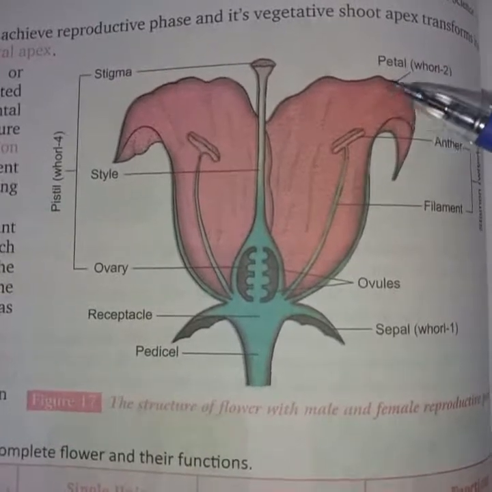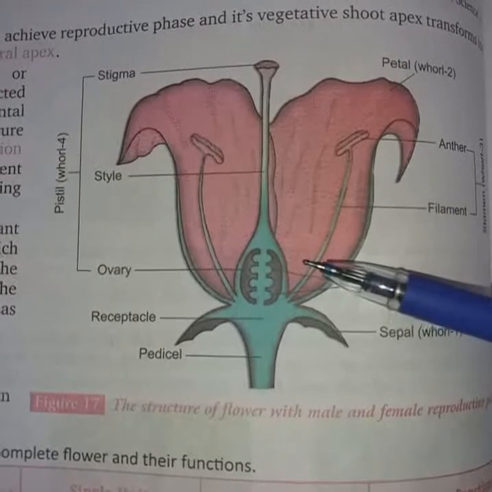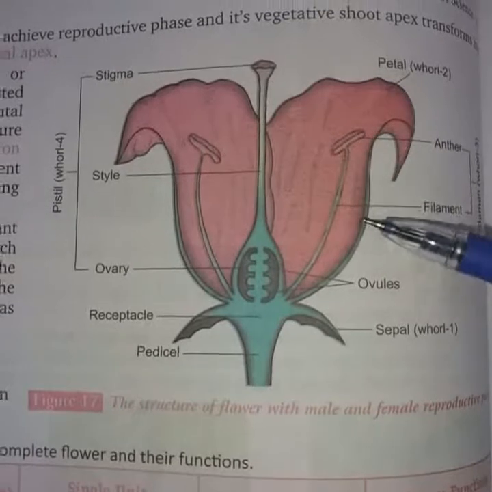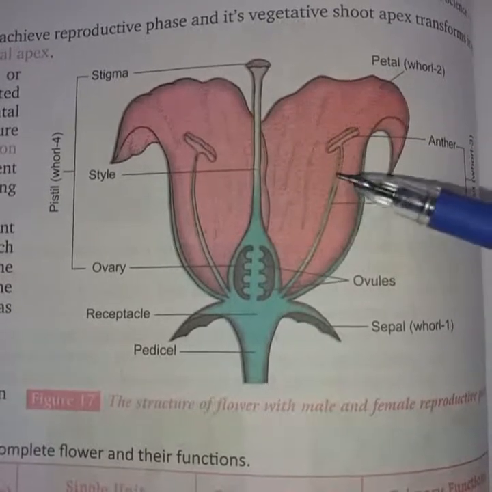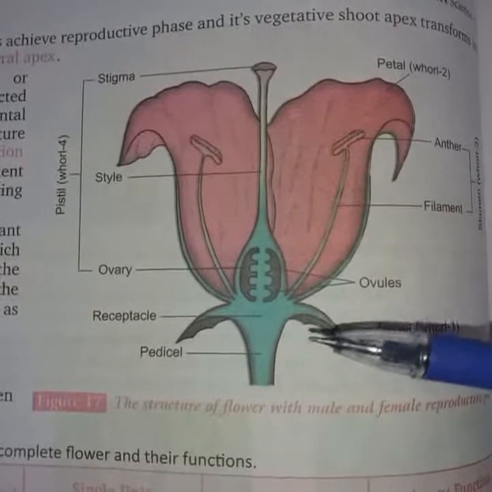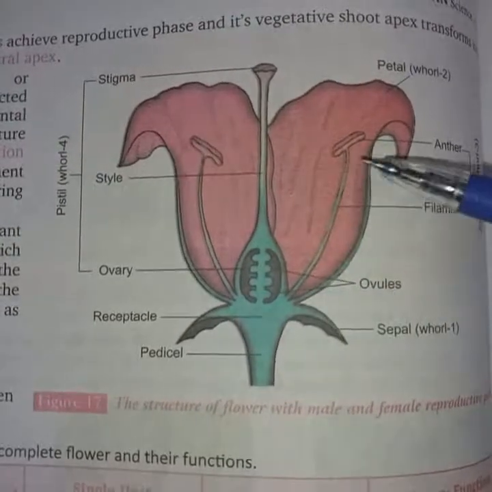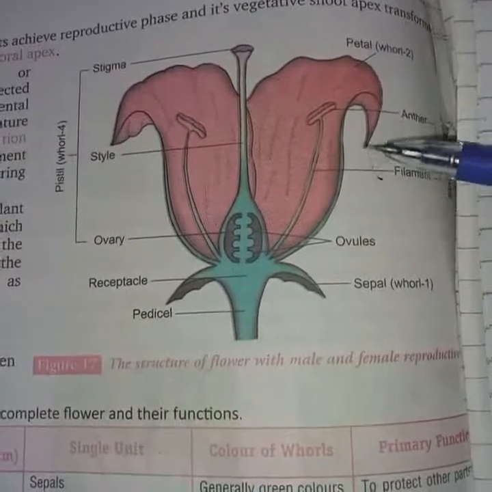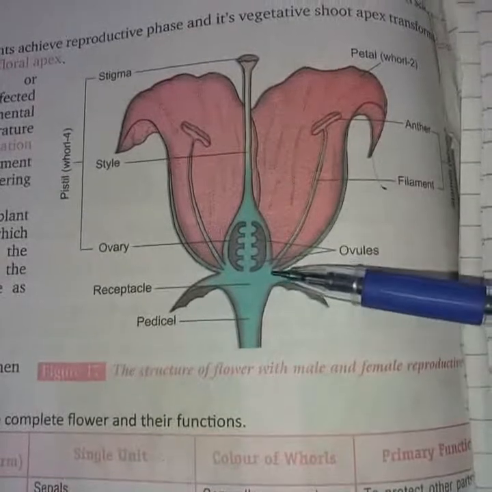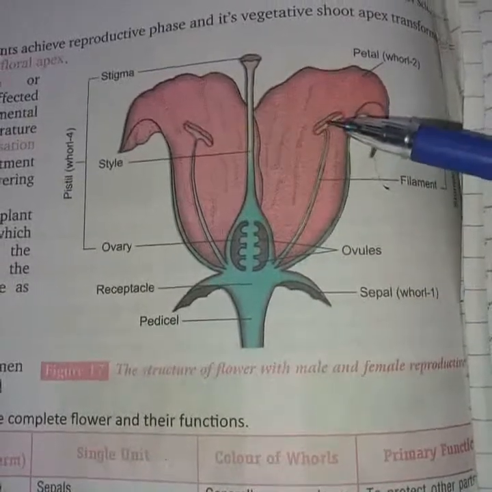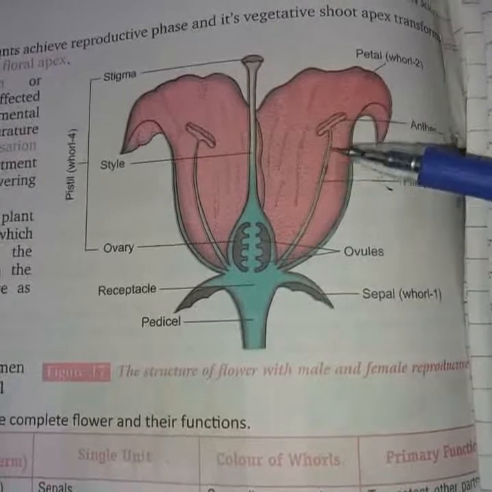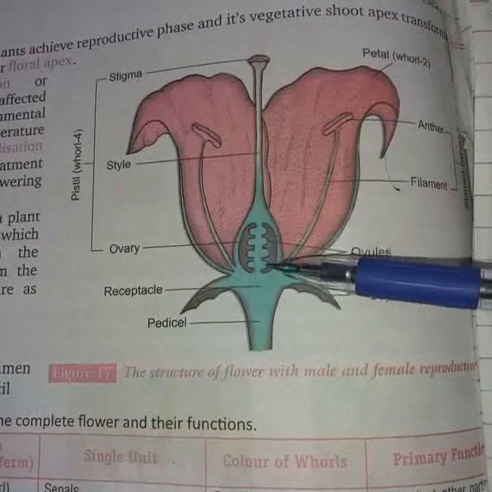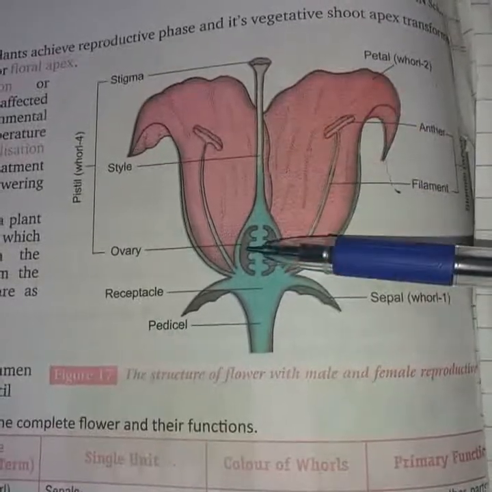It is a bright colored structure and covers the male and female parts of the flower. The next part is this, starting here and ending here, a thread-like structure. It's called the androecium, and this part is called the gynoecium.